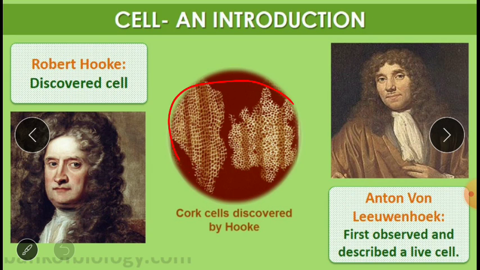He observed structures which appeared like small compartments, and he named these small compartments cells. After that, Anton van Leeuwenhoek first observed and described a living cell. These both were the first persons who started the discovery of the living cell.